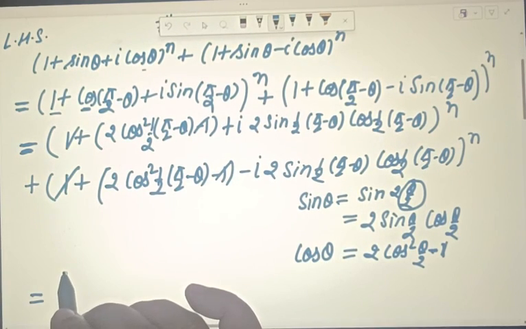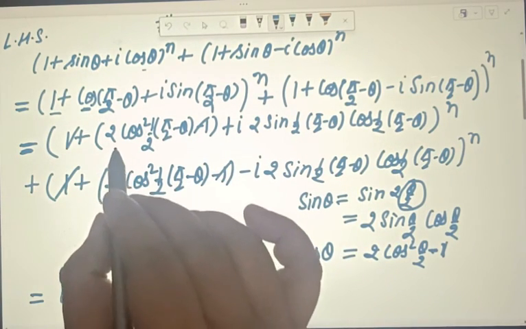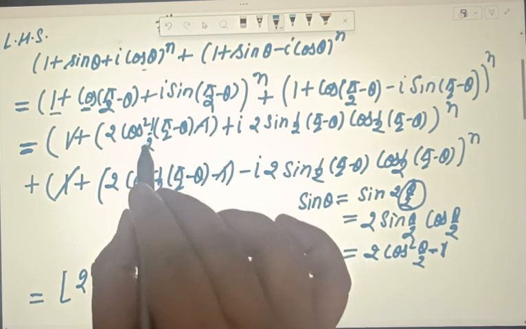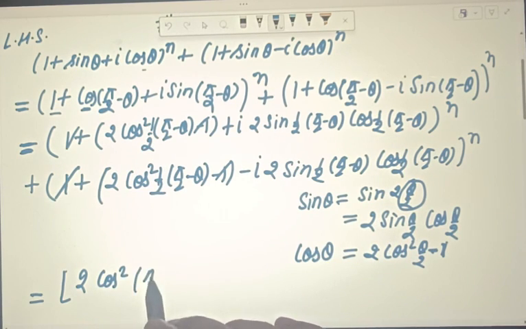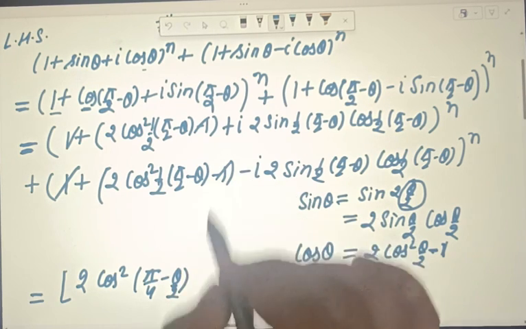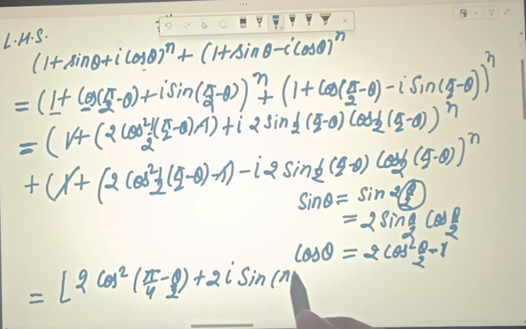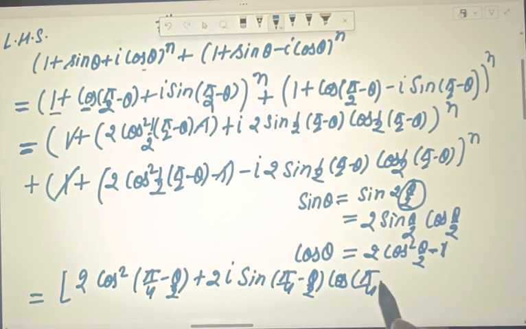What about the remaining terms? You will see 2 cos²(π/4 − θ/2) plus 2i sin(π/4 − θ/2) cos(π/4 − θ/2).